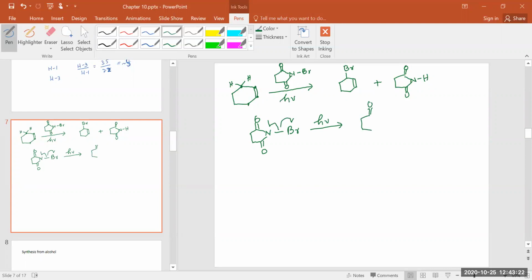So this one will make free radical. Okay, so this is an initiation step. So this free radical, so the bromine free radical will take the allylic hydrogen, you can show with any free radical.